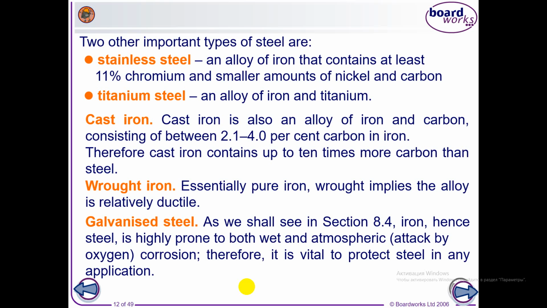If for some reason rust does take hold on the surface of galvanized steel, the zinc will be corroded first. This allows the zinc to prevent rust from reaching the steel.